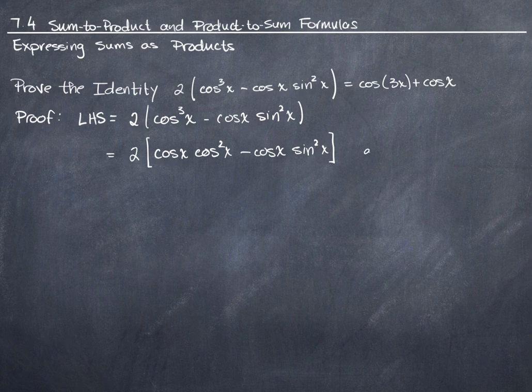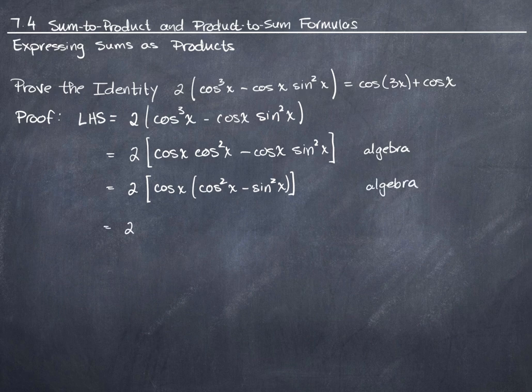I guess it counts as algebra. I rewrote cosine cubed as cosine times cosine squared. And I'm using square brackets here because I'm going to factor out a cosine, which leaves me with cosine squared of x minus sine squared of x. That is also algebra.